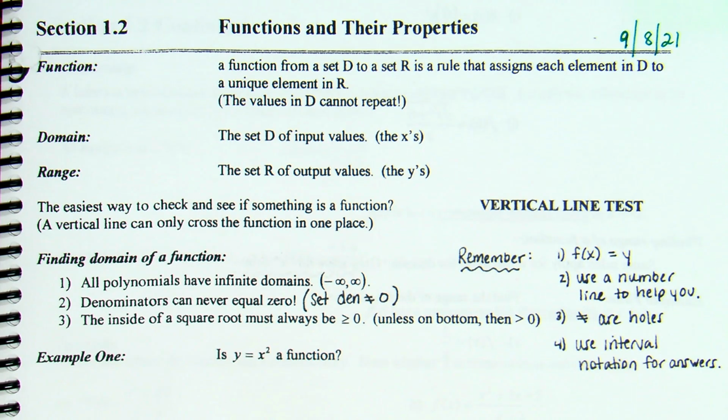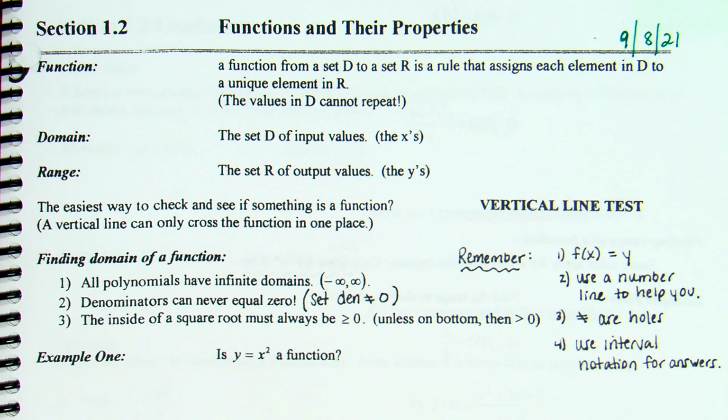Jacob? I know it is some sort of line that it can't have repeating x's. Okay. Can't have repeating x's. Does that sound familiar? And you'll notice there it says the values in D cannot repeat, D meaning the domain, right?